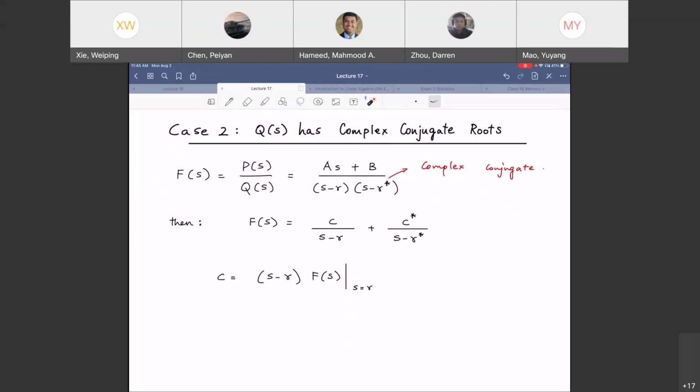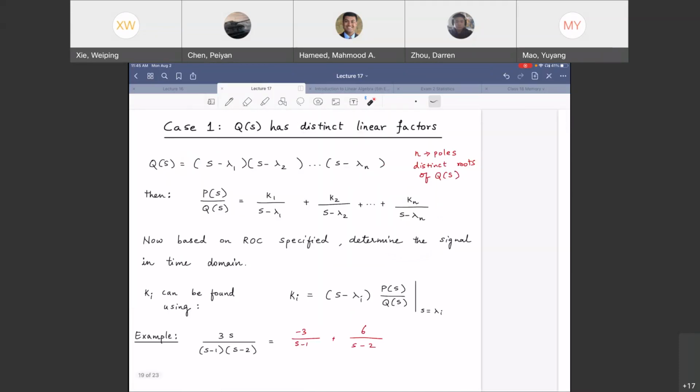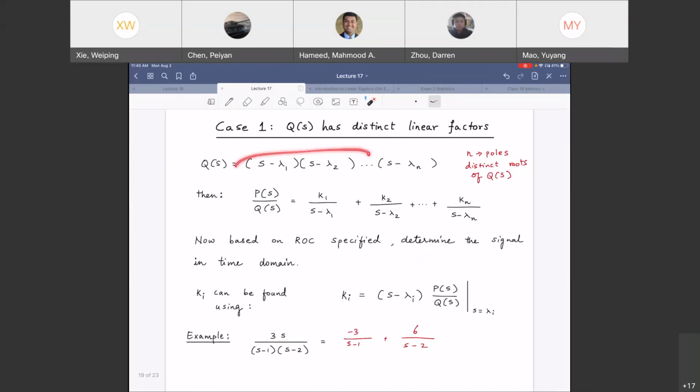This is one way to deal with it. Let's see. What is going to be for F of S? Well, this you can break down into C divided by S minus R, C conjugate divided by S minus R conjugate. All you need to find is C. How can you find C? Multiply this guy with S minus R and evaluate it for when S is R. Right? So if you look at case 1, you see this is for n distinct ones, right?